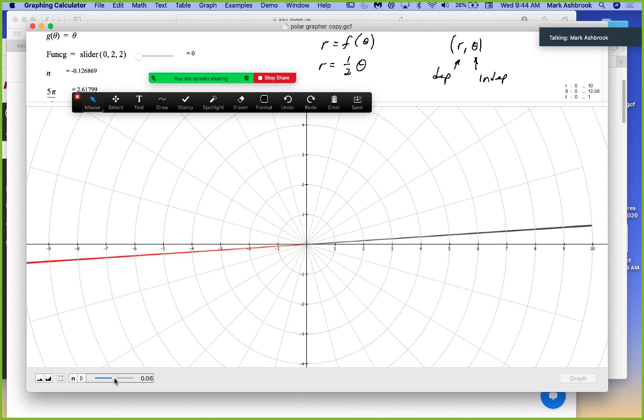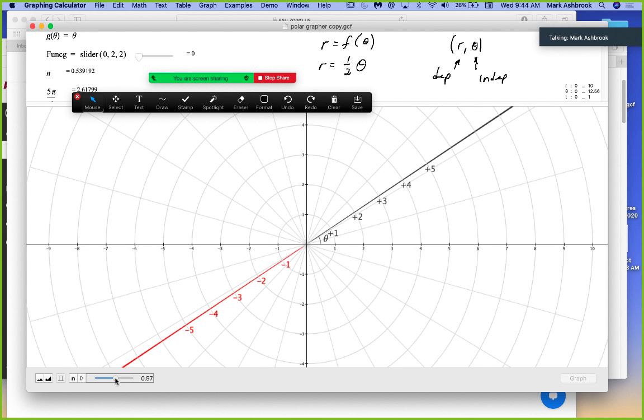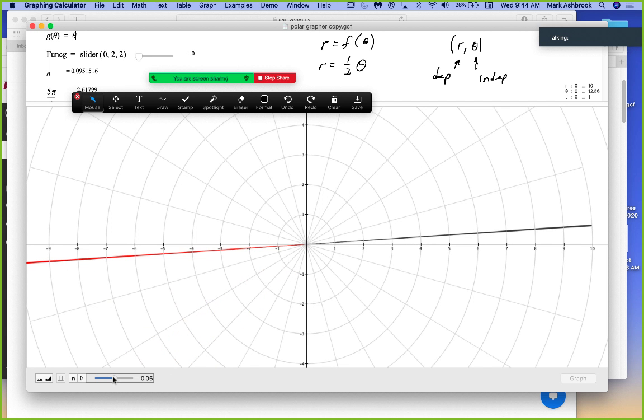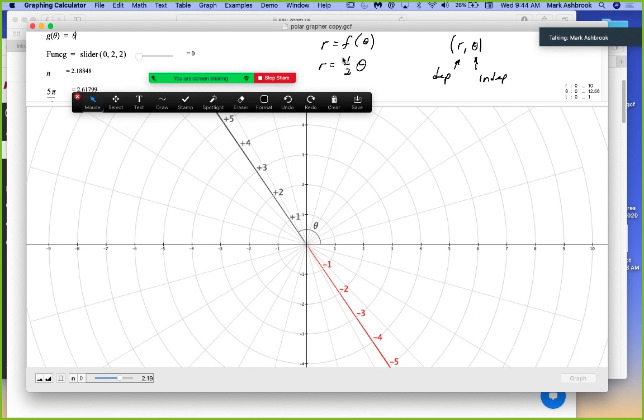So what will r do as theta increases? If r is always 1/2 of theta, what will the general variation of r be as we turn counterclockwise? It would also increase, would it not? Okay, so he's saying that r will increase as theta increases.